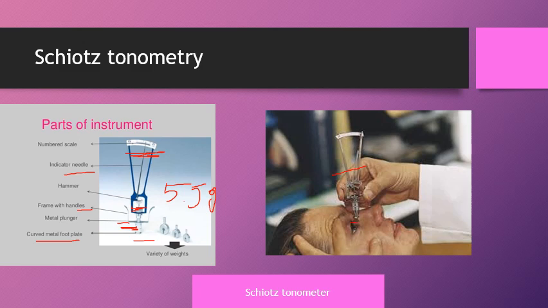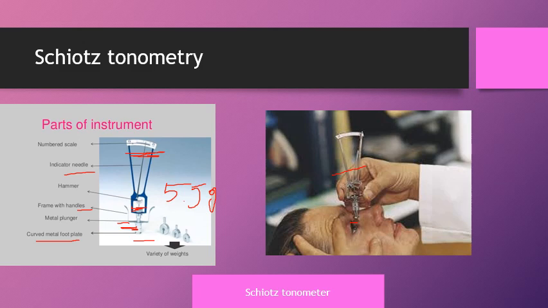Next is the procedure of Schiotz tonometry. First we ask the patient to lie down in supine position. Then we ask the patient to fix on a point at the ceiling.